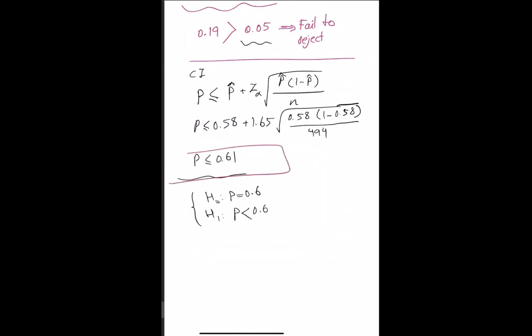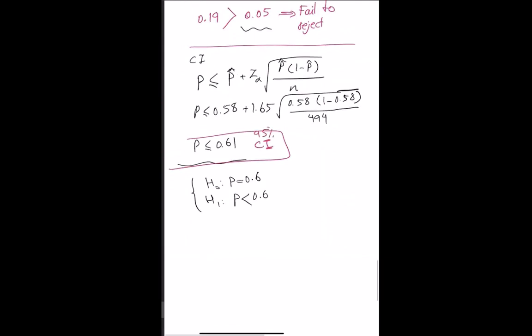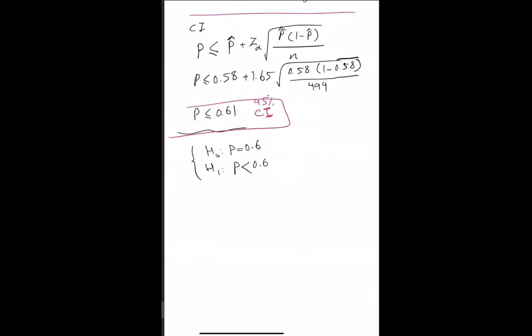Given this 95% confidence interval that you have constructed, make a conclusion about this test. What is the rule? Just forget about this problem. Tell me the rule. If, for example, the P naught or mu naught falls in the interval, what is your conclusion?